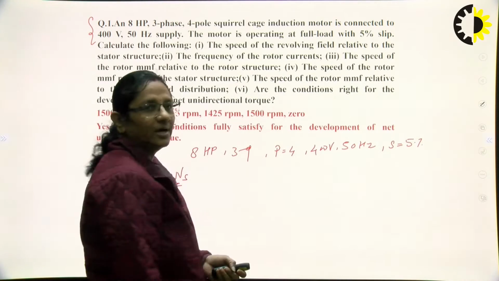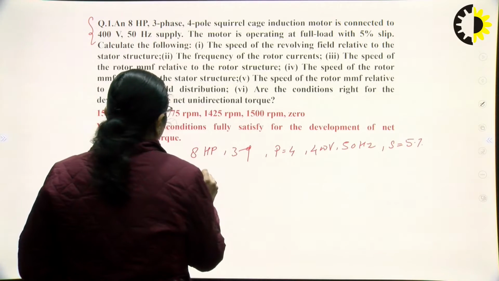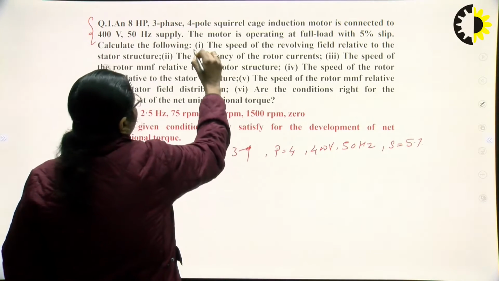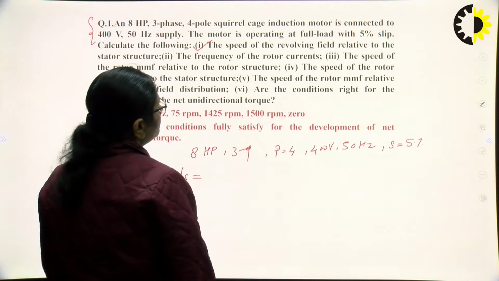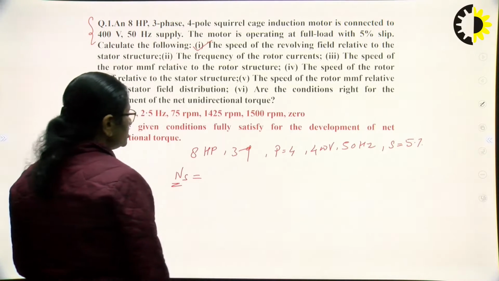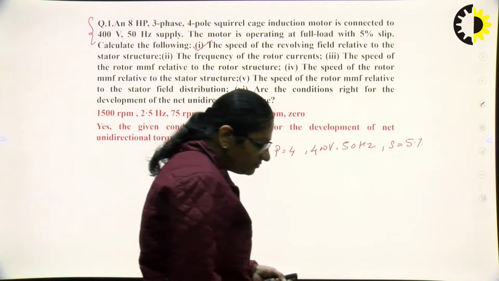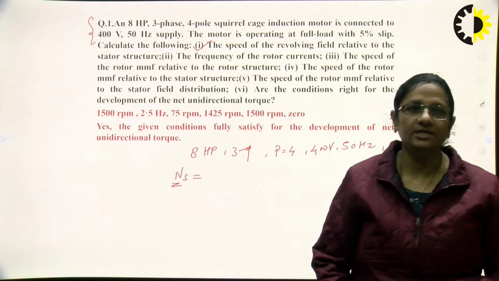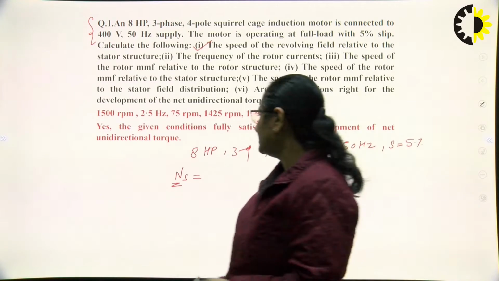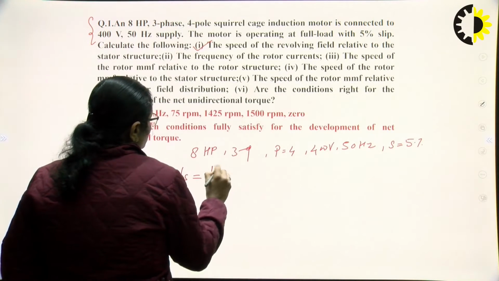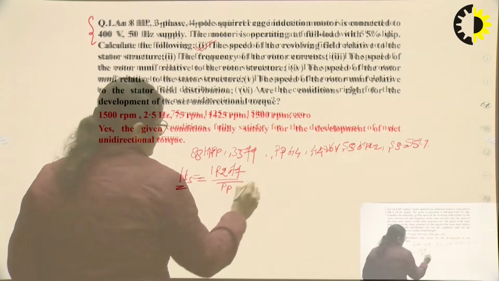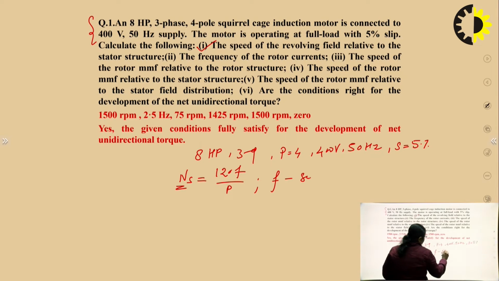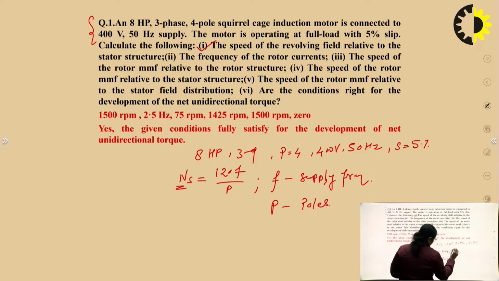Starting with the first part of the question, the speed of revolving field relative to the stator structure. The speed of the revolving field or rotating magnetic field relative to the stator structure is given as Ns equals 120 f by P. Here, f is the supply frequency, and P is the number of poles for which the machine is wound.